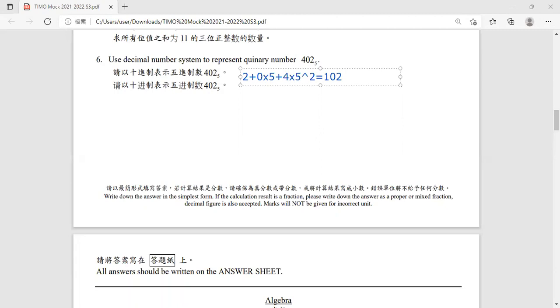So it's 102, just that. You just convert a quinary number to a decimal number. You just use all the powers of the place value, so the 4 will be times 5 squared.